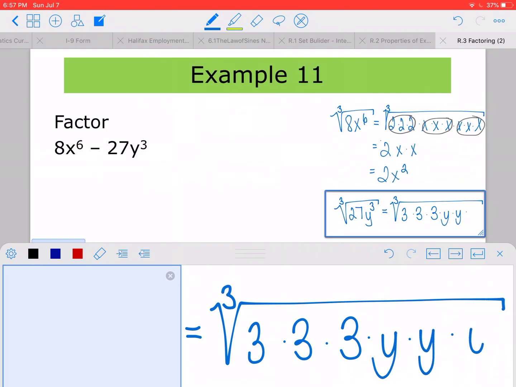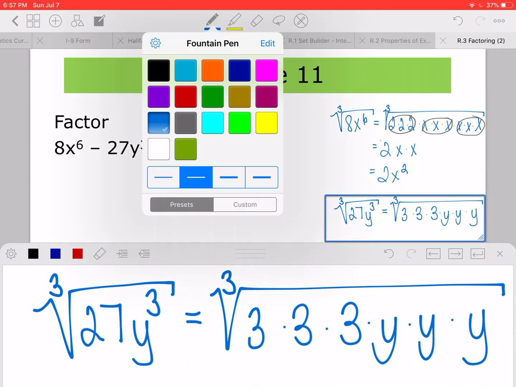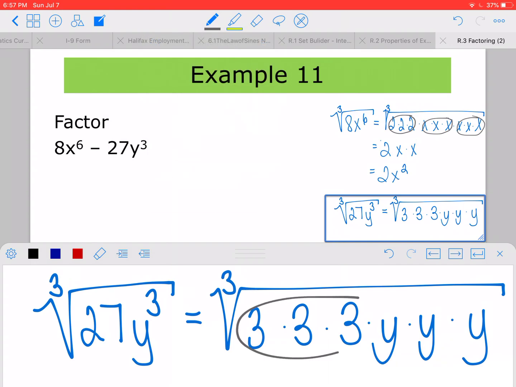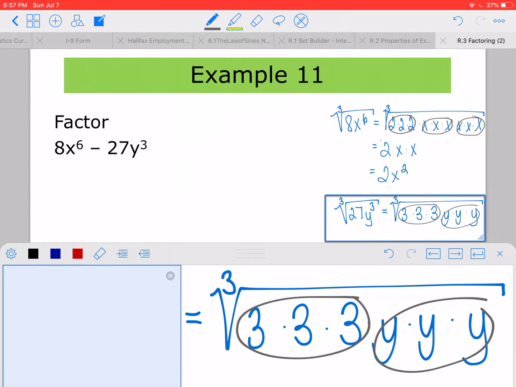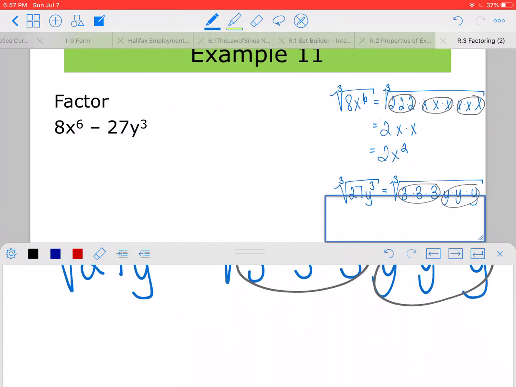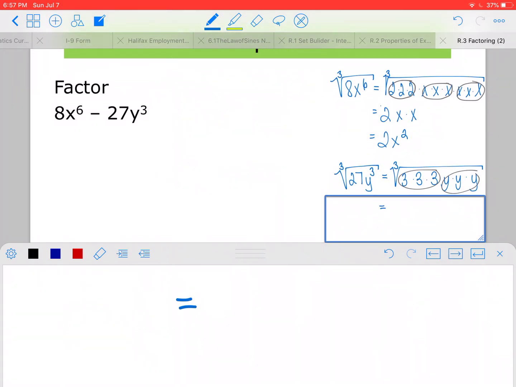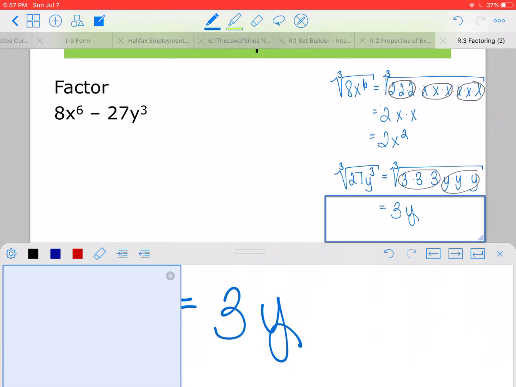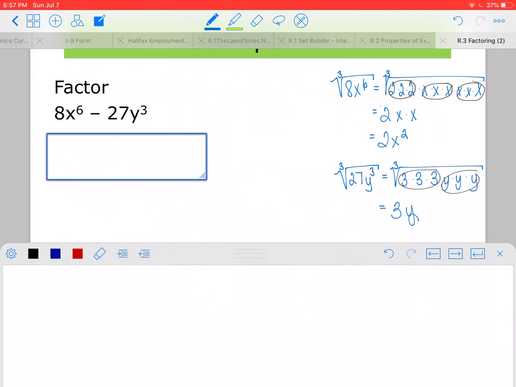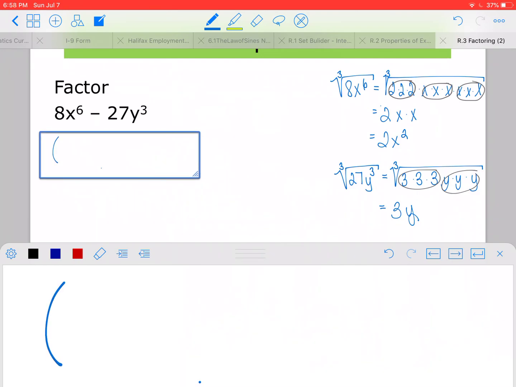So you've got your groups of 3 again. So the cubed root of 27y cubed is 3y. So this is a difference of cubes. So you always want to go out to the side and check and make sure. So what we can say then is 2x squared minus 3y.